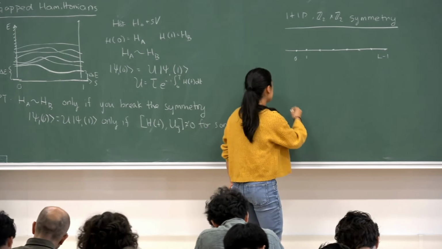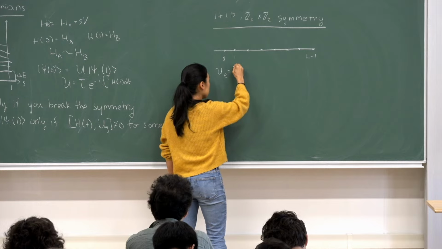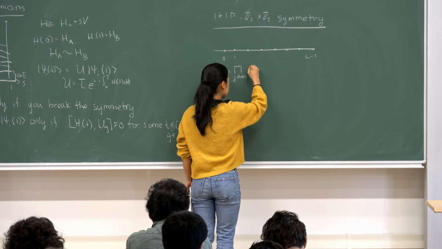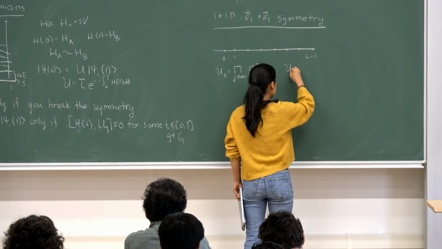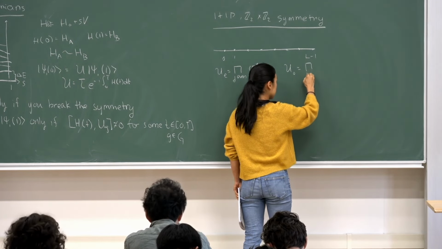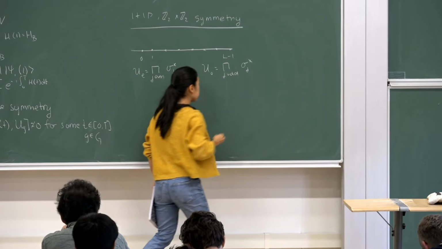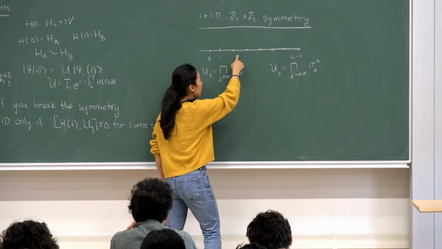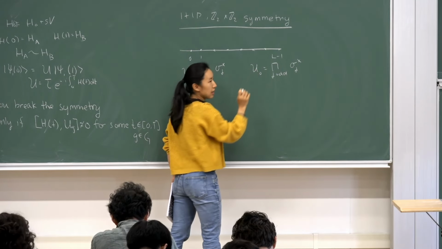Now we can define our Z2 times Z2 symmetry, so let's call U even, and then U odd, defined as follows. U even is a spin flip on all of the even sites, and U odd is a spin flip on all the odd sites.